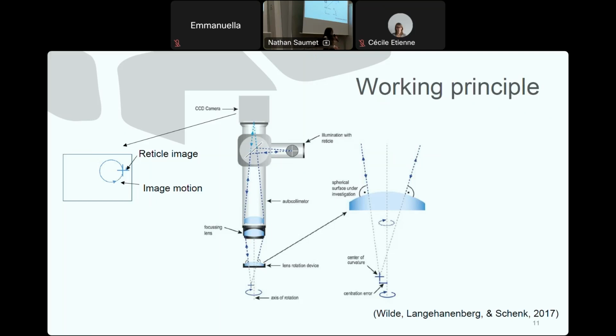Then we will rotate our system, and the reticle image will have a rotational motion, and the radius of this rotational motion is linked to the centration error of our diopter. In that way, we can quantify the centration error of each diopter in a system without dismantling it.